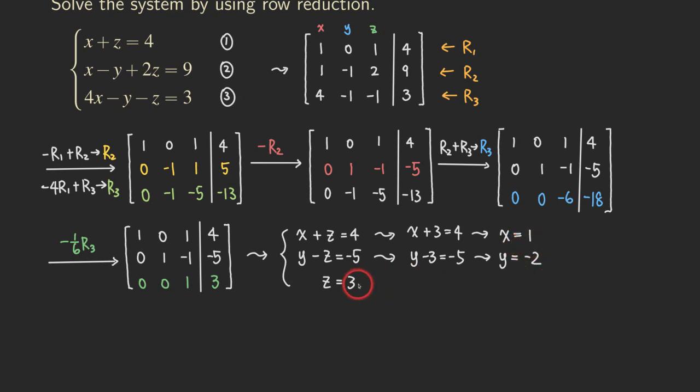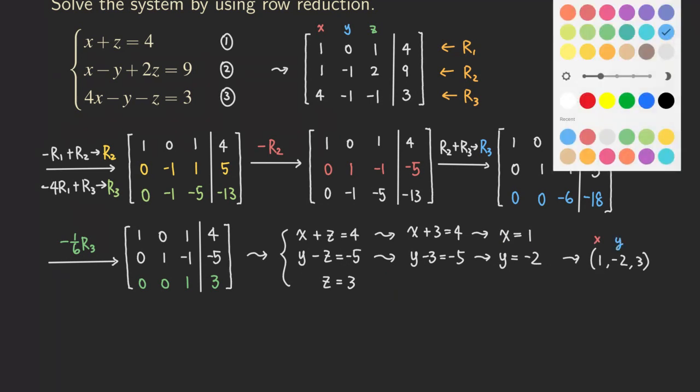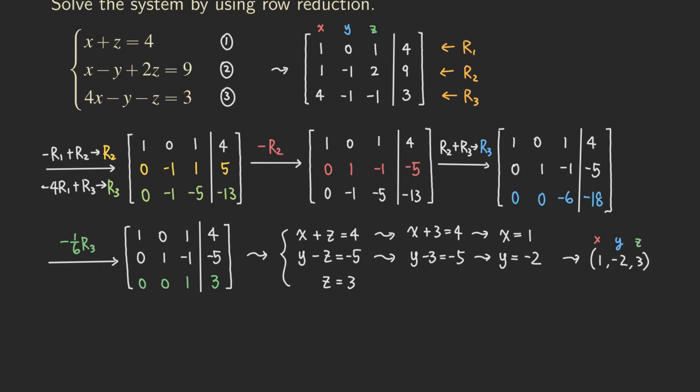It's 1, negative 2, and 3. So you have the answer as just 1, negative 2, and 3. If you write it as an ordered triple, right? So that's just x, this is the y, and then this one is the z. Is that okay?